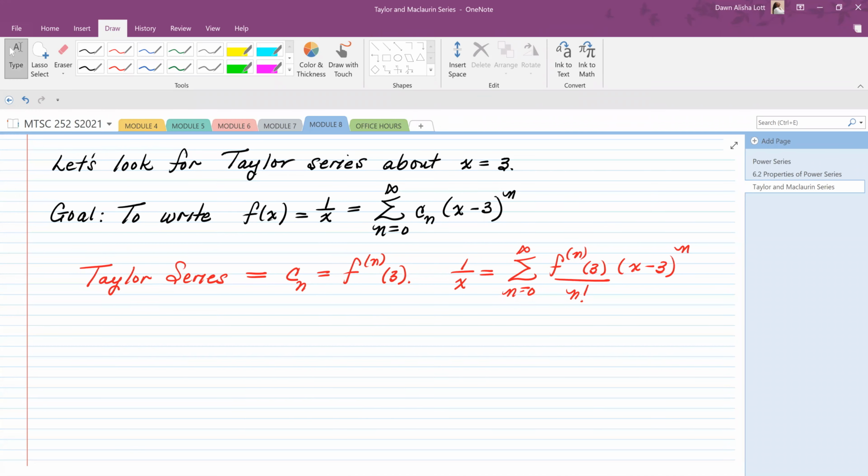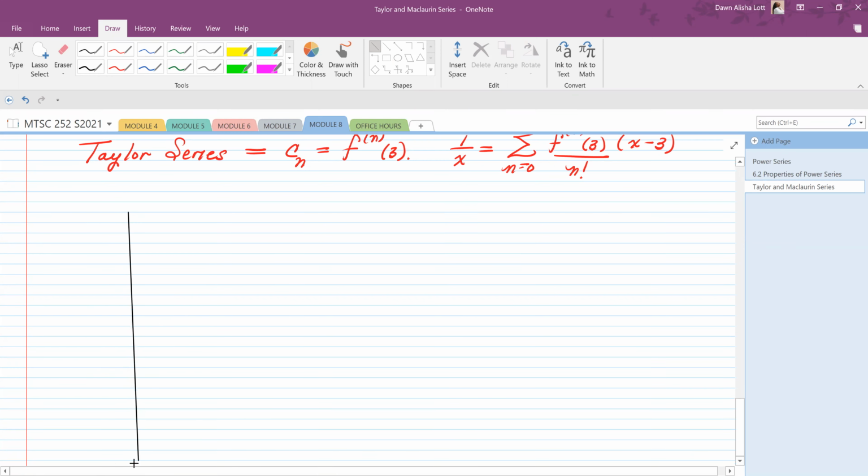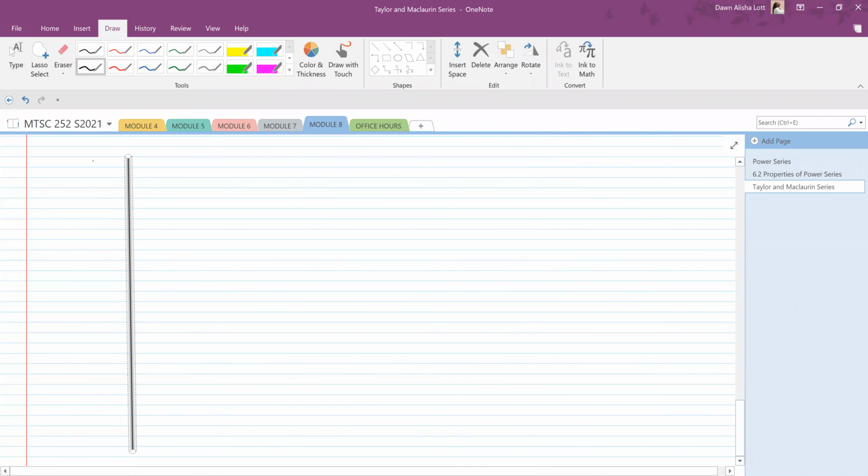Okay, so we're going to make another chart. The first thing in the chart was n. The second thing in the chart was the nth derivative. And the next thing in the chart was to evaluate this at 3.